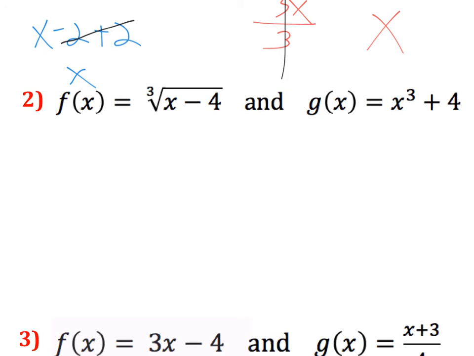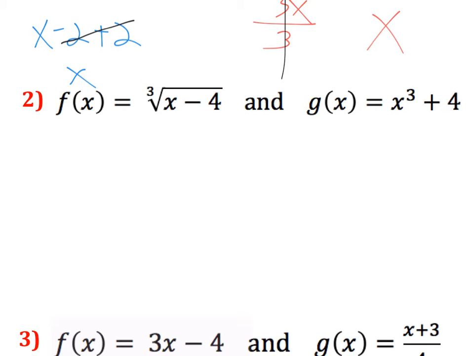Second example, we have the third root, or the cube root, of x minus 4, and then x to the third power plus 4. This kind of passes the eye test, because I have x, I take away 4, and I take the third root. If I think backwards, I'd have to add 4 and cube it. So it looks like it probably would work out, but let's double check just to be safe.